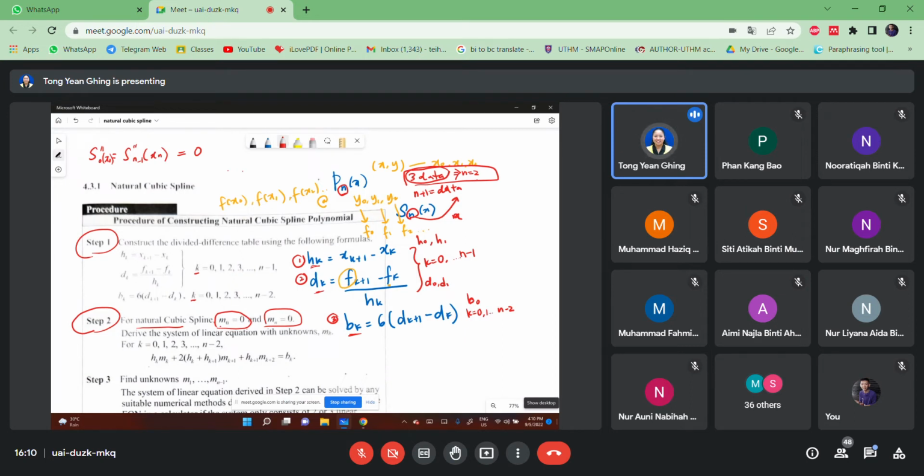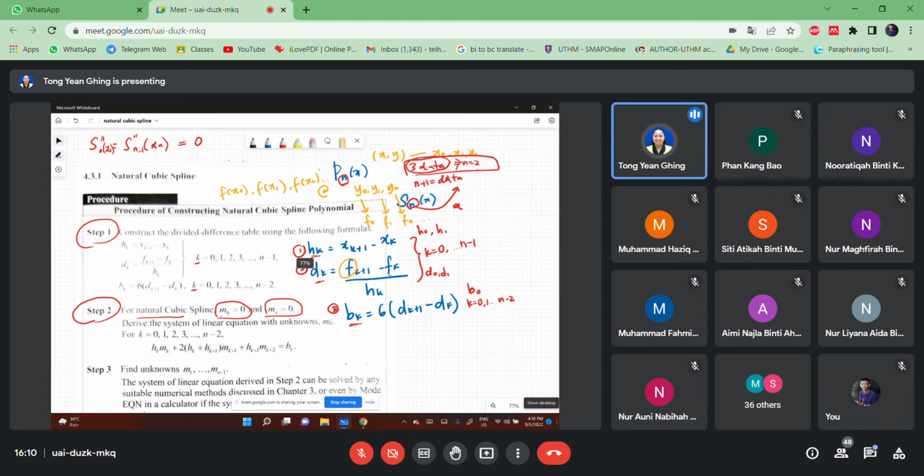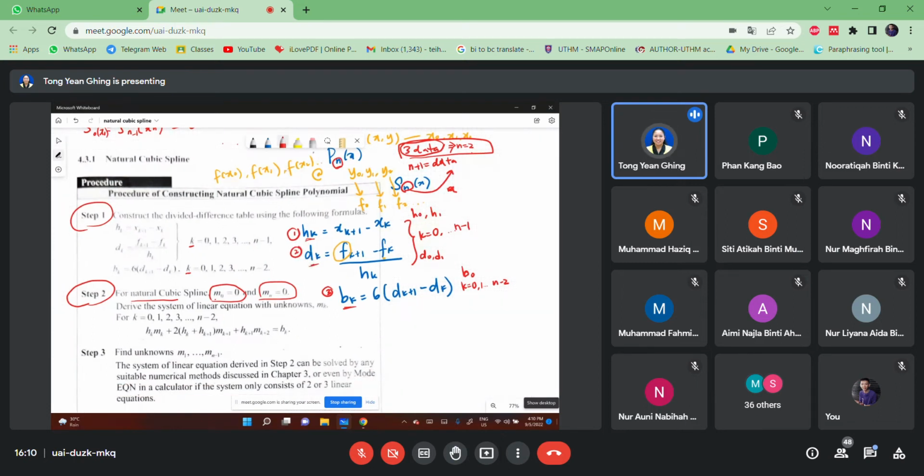This one is for natural cubic spline. And we have to calculate the M besides M0 and Mn.